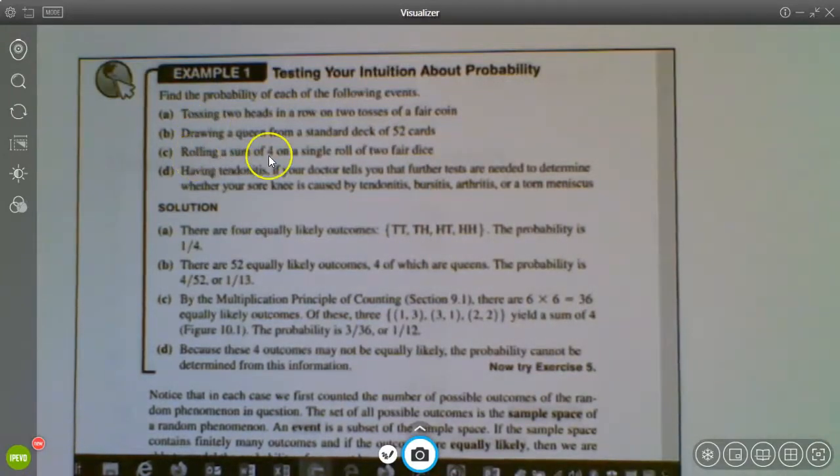What have we talked about? Rolling 2 dice. When it comes to rolling 2 dice, there's a great diagram for rolling 2 dice that we call a lattice diagram. Very simple. If I was to look at 2 dice, obviously one die has 6 items on it and the other die has 6 items on it.